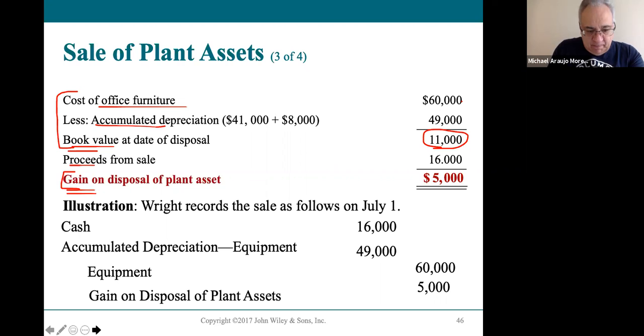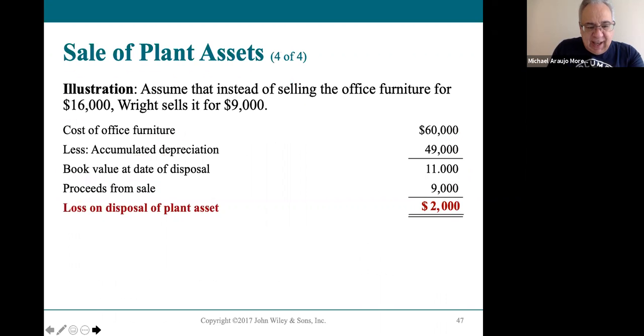Okay. In the case of selling the same office furniture with the same book value, but instead this company sells it for $9,000 instead of $16,000. So the proceeds would be $9,000. The book value is $11,000, right?